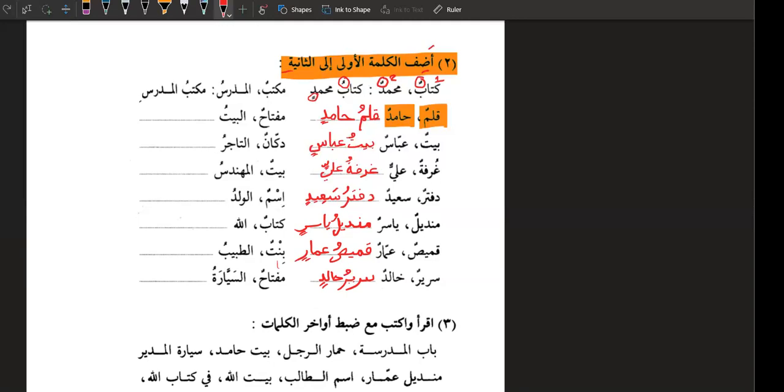So we have قلم حامد, Hamid's pen. بيت عباس, Abbas's house. غرفة Ali's room. دفتر Saeed's notebook. منديل Yasir's handkerchief. قميص عمار, shirt, and سرير خالد. ممتاز جيد.